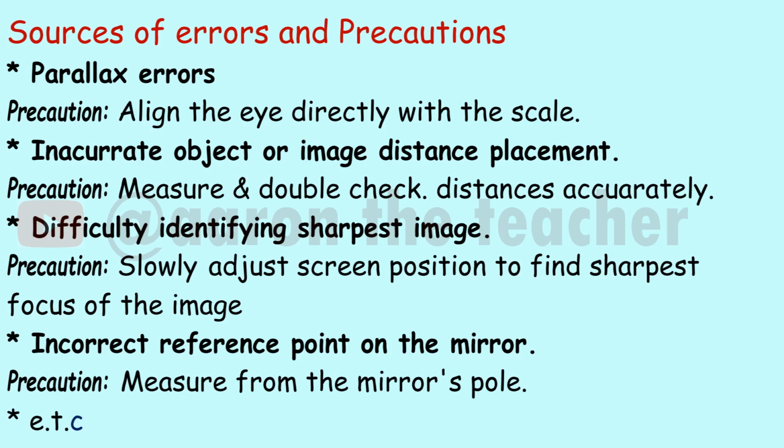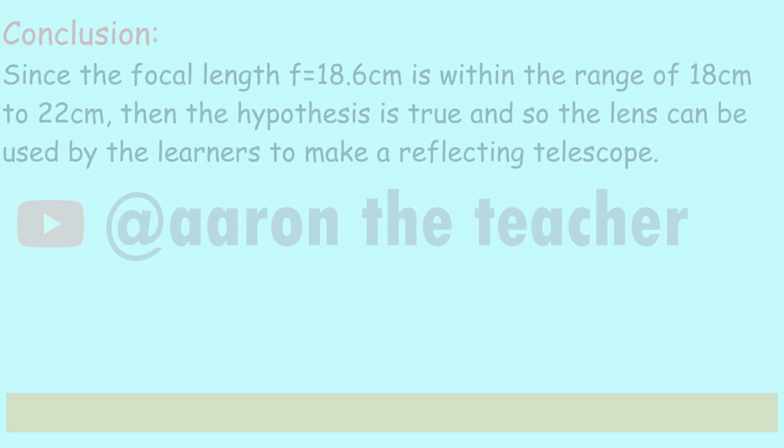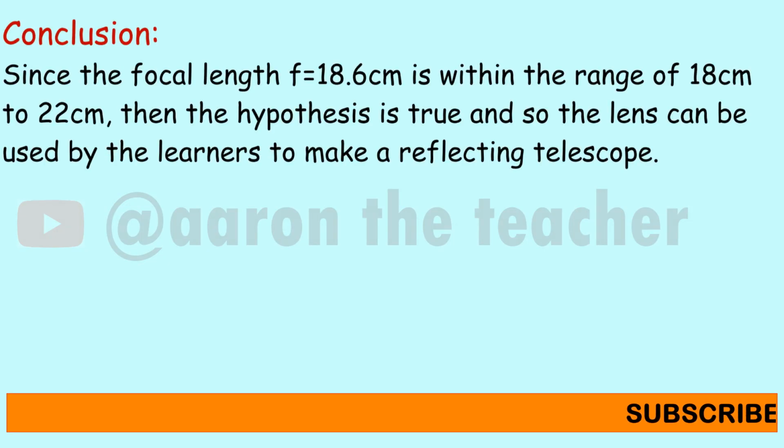Okay, we are moving on now to our conclusion, which says that since the focal length F equals 18.6 centimeters is within the range of 18 centimeters to 22 centimeters, then the hypothesis is true, and so the lens can be used by the learners to make a reflecting telescope.